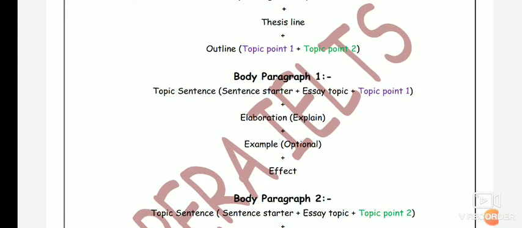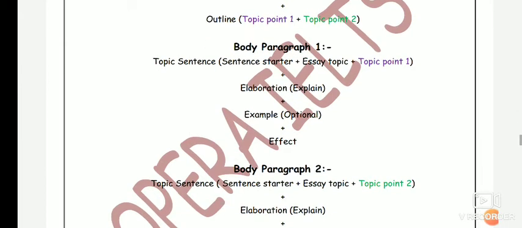Then you have to elaborate it. Elaborate means you explain it in a proper, detailed way, at least two to three lines, so we can properly imagine what you are going to say about this point. In addition, you can add a particular example.